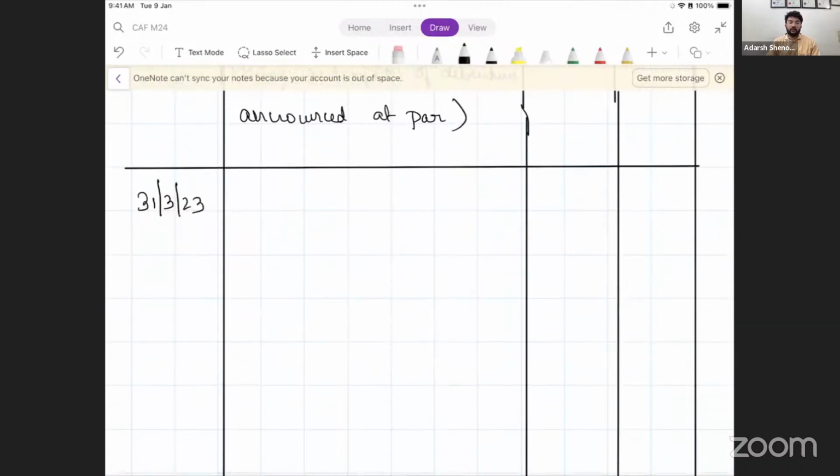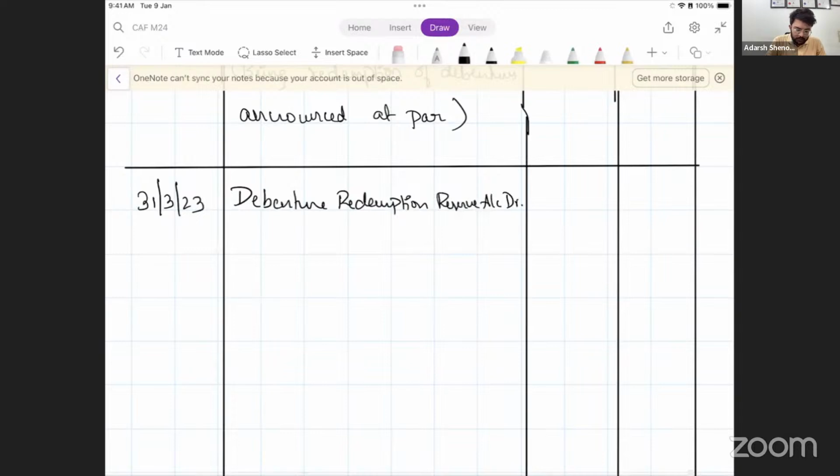Next one, close the reserve. I don't need the reserve anymore. We had reserved some money for this redemption, right? We will not need it anymore because the redemption is happening now. So how to close the reserve? By reversing the reserve entry, by transferring it back to the profit and loss. So debenture redemption reserve account debit to profit and loss account.